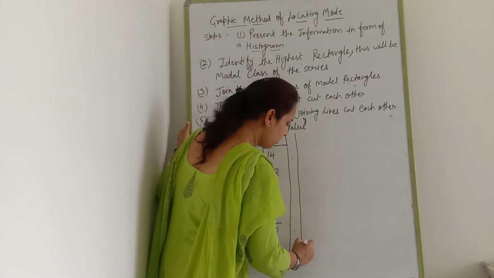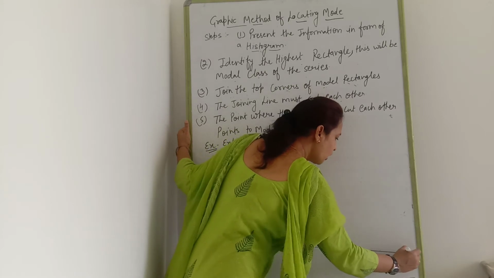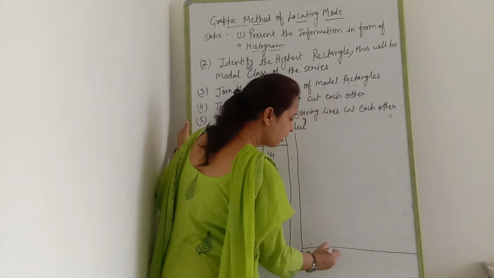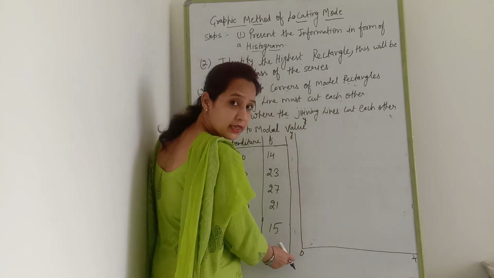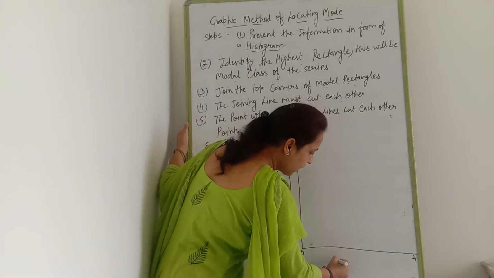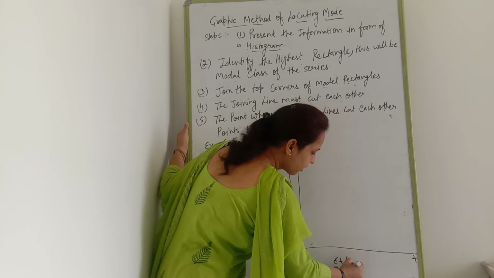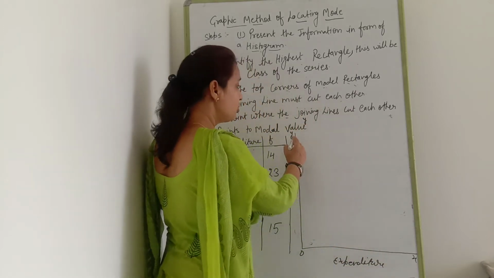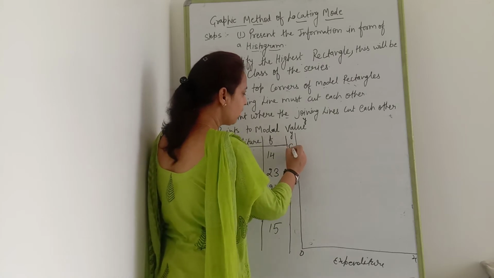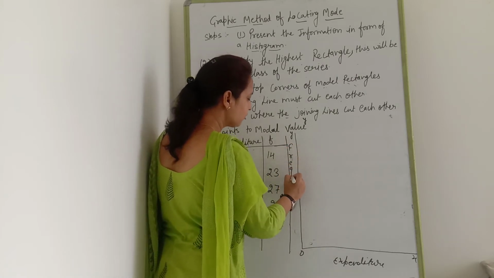First of all, we are going to draw a histogram with O, X and Y. On the X axis, we are going to take expenditure. Clear? On the Y axis, we are going to take frequency.